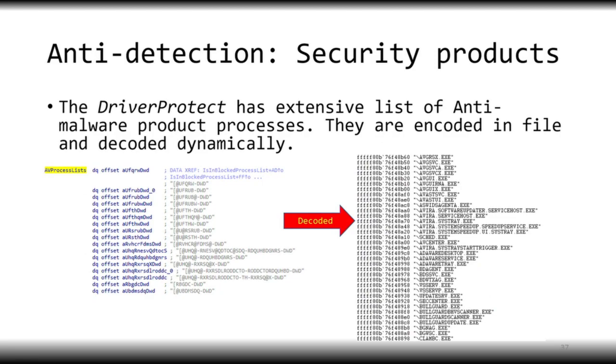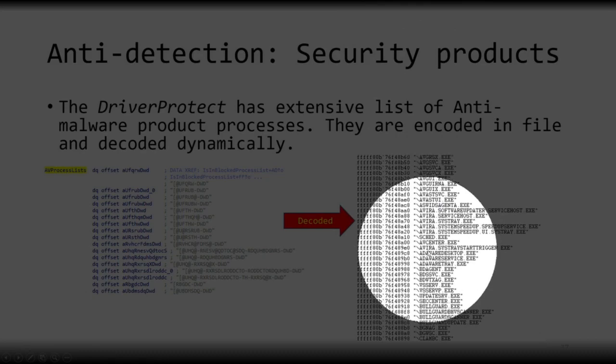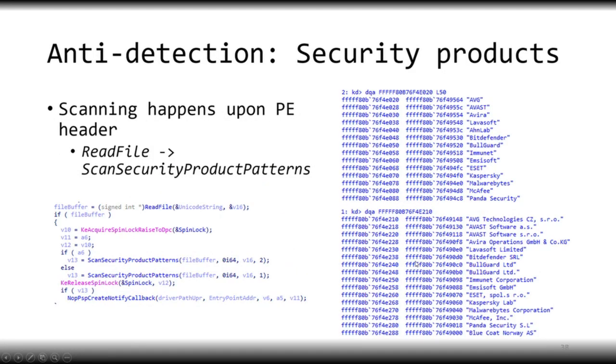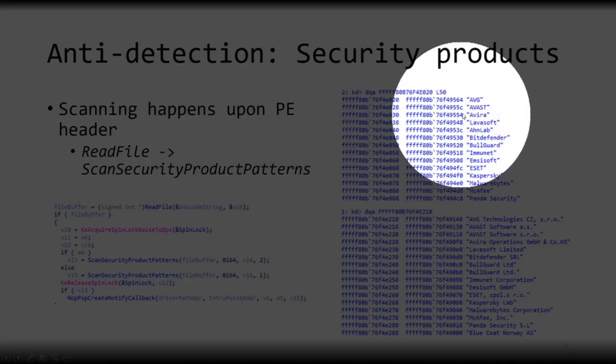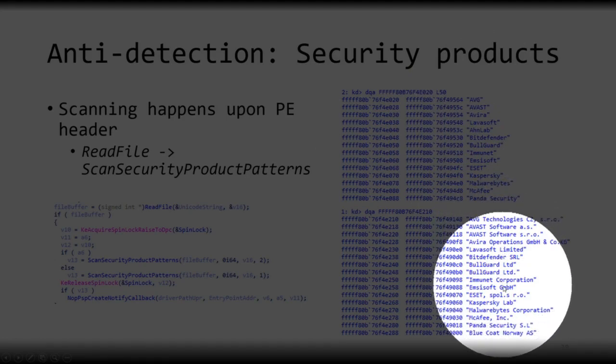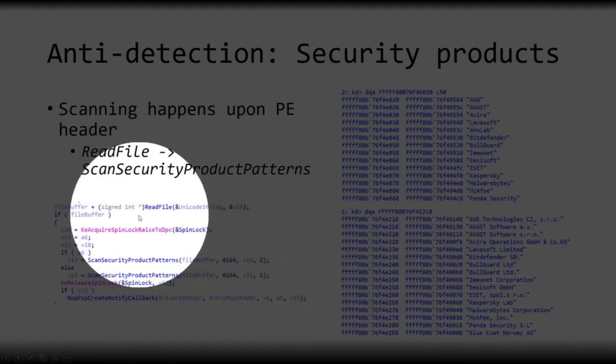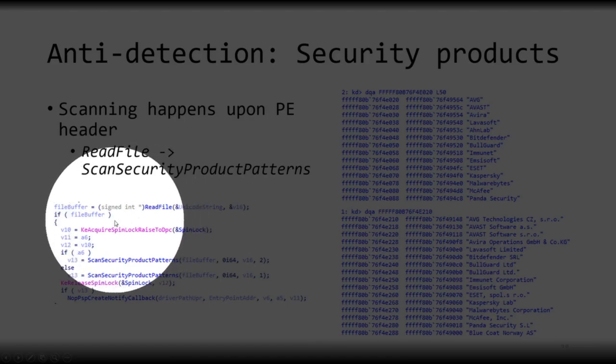And they have an extensive list of these security products, like the process names. They have a very, very long list, actually. And they have these company names and certificate-related company names, all these things. And they're doing the same thing as a security product. They scan the files.